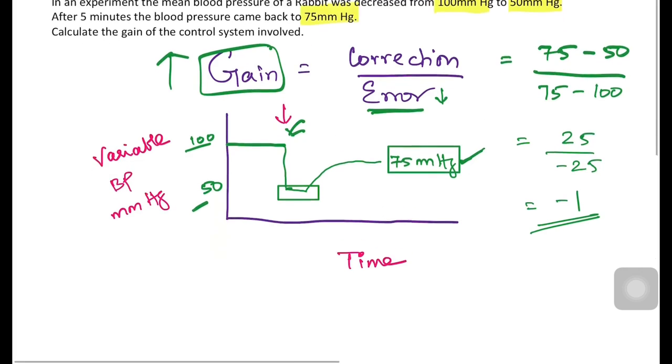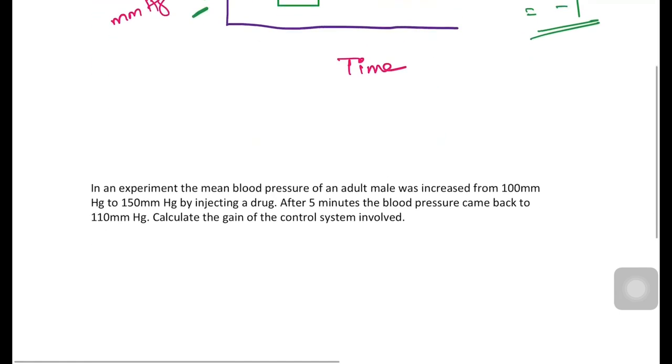Let's consider one more example where the blood pressure was increased. In this experiment, in an adult male, blood pressure was increased by injecting a drug, and after that the control system brought it back to 110 millimeters of mercury. You just pick up the relevant information over here and then draw the response curve again.